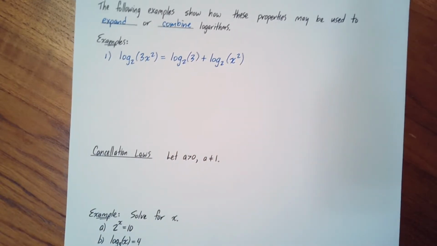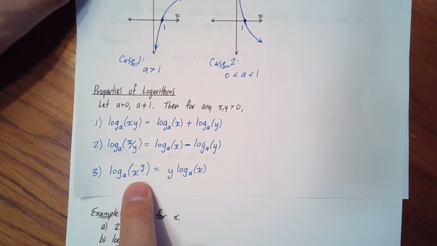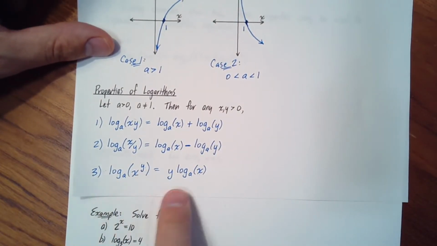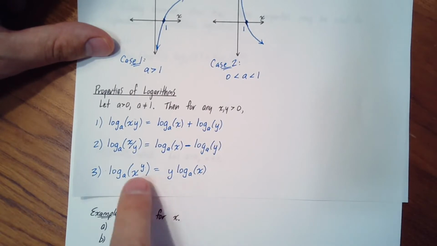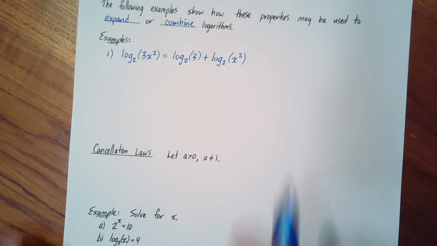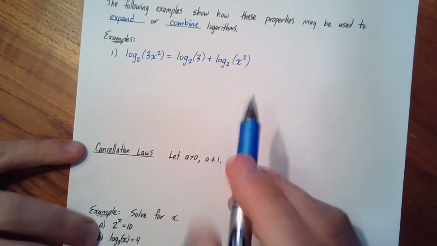Remember the third property on the previous page that says if you have log base a of x raised to some power y, you can pull the power y out in front of the log. In our case the y is equal to 2, because our power is 2. So let's bring that power of 2 right down in front of the log with our last step.